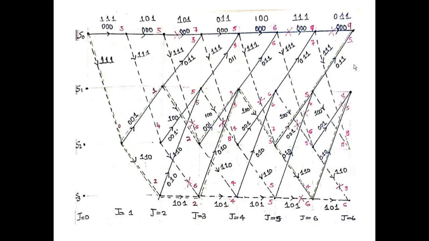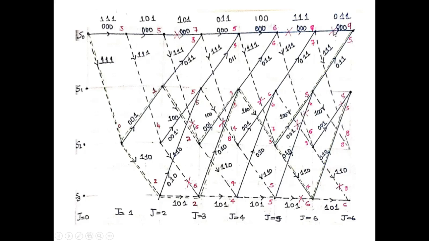So this is the complete structure of Viterbi decoding. So we will calculate this and avoid the path having the highest metric value. So we will reach the end point, and from this end point each path has 2 branches. In that, the one with the highest metric value we avoided. So here we can see this path with metric value 5 and this path with 9.